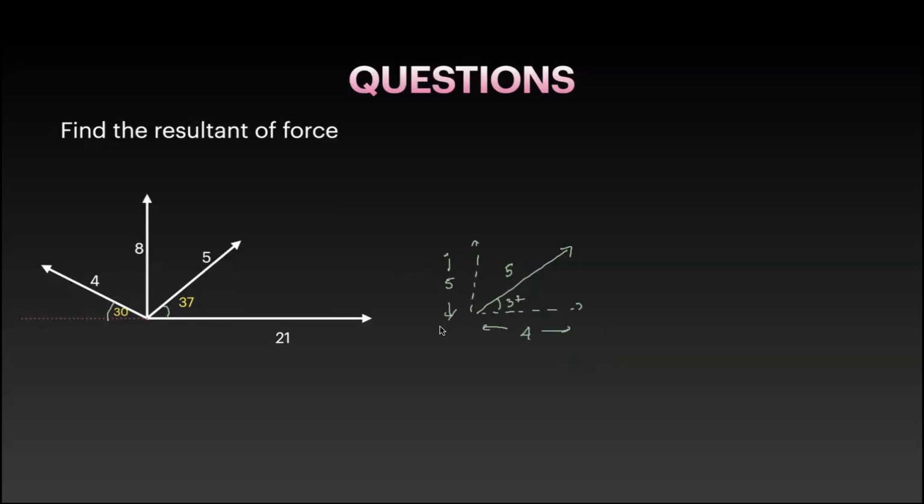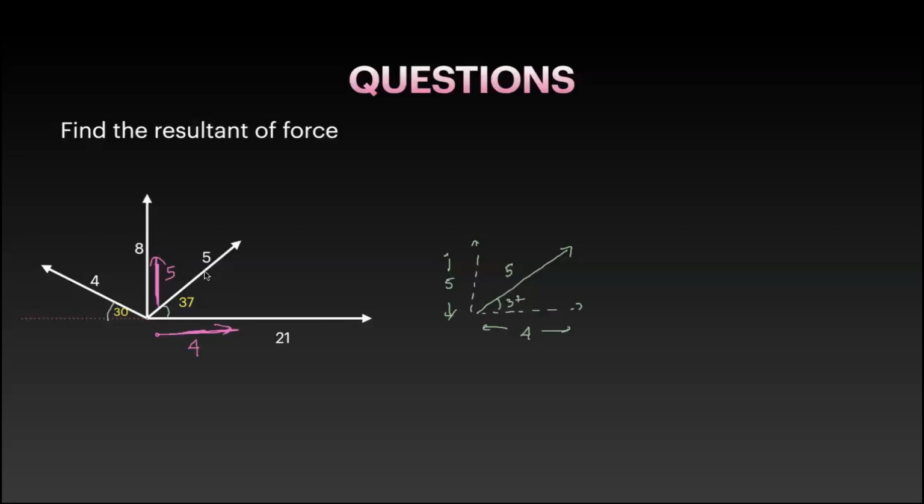Okay, that is the first part. So what you can write it as? I can write there is one component of vector which is 5 units, and there is another component of vector 4 units here.